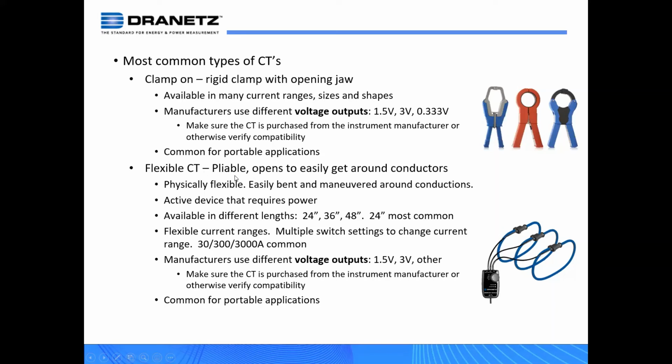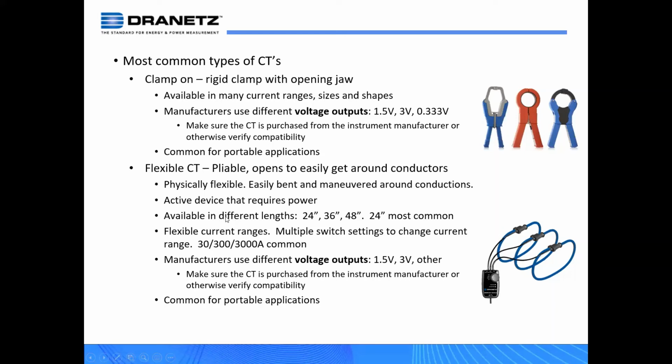These are extremely versatile. I was going to say flexible, and no pun intended, but I'll just say versatile. They're versatile in the sense that they can easily get around conductors. They're versatile in the sense that they have multiple ranges. So it's like having 3 sets of CTs in one package.